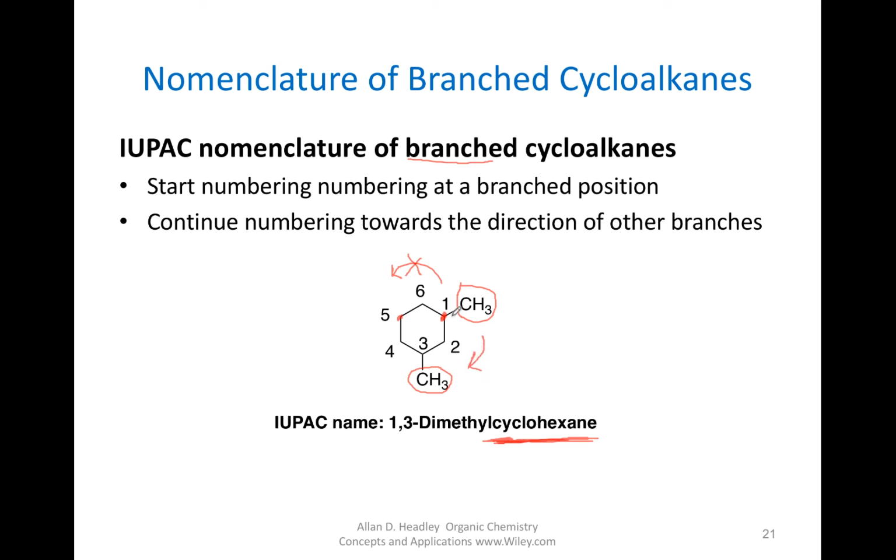Again, once you have identified the location of the substituents based on that numbering system, all we have to do is put in the numbers to indicate the position of the 2 methyls. It's a dimethyl cyclohexane. Specifically, it's a 1,3-dimethylcyclohexane. Don't forget the commas, and don't forget your dash.